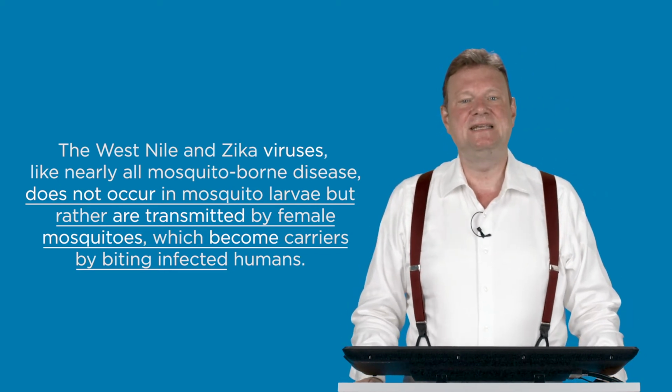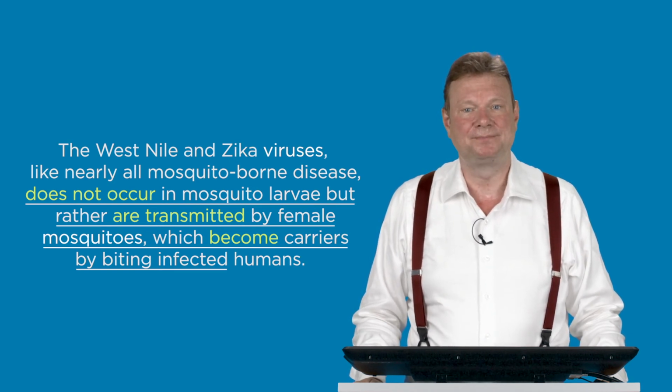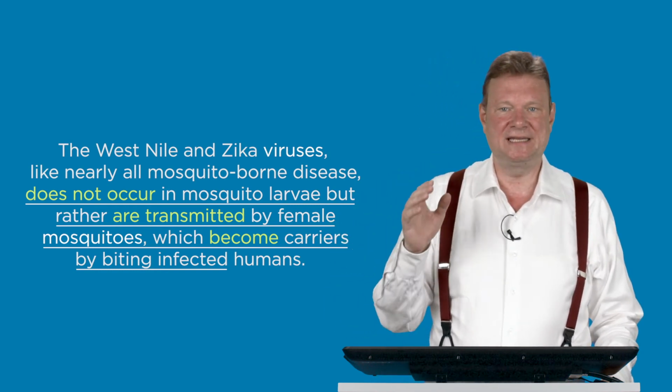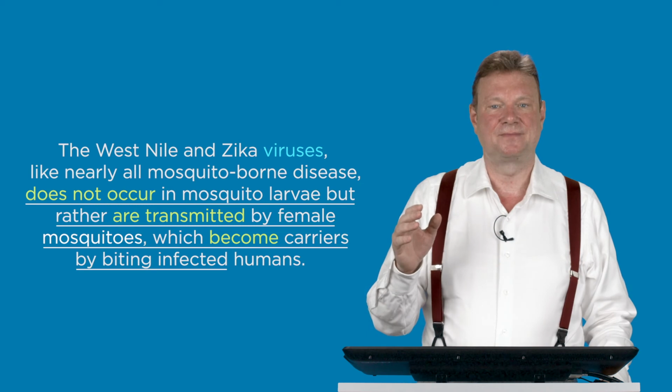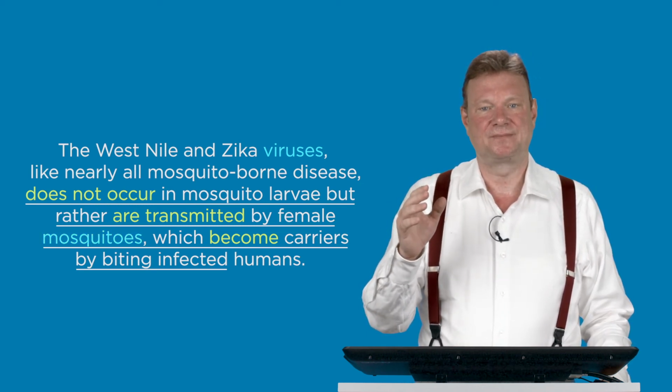Here we can see the verb phrases does not occur and are transmitted as well as the verb become. The subject for both does not occur and are transmitted is West Nile and Zika viruses. Become refers to female mosquitoes.